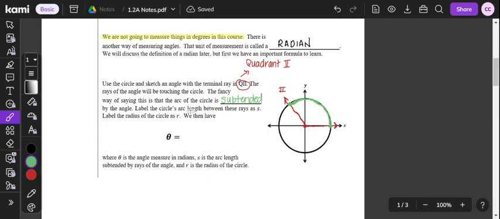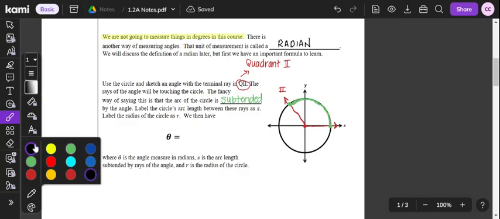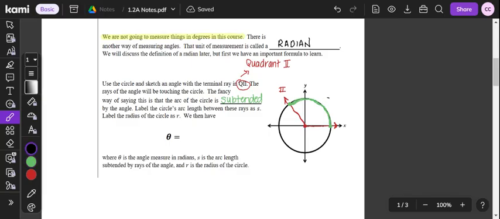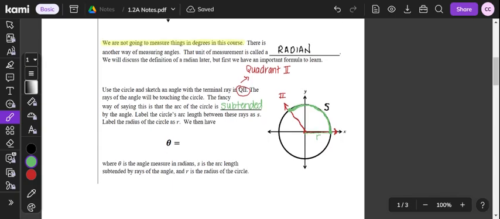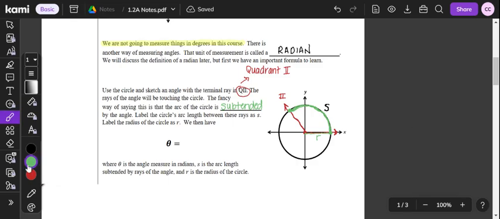It says label the circle's arc length between these rays as S. I have no idea why we use S for arc length, but that is the variable we use. And then it says label the radius of the circle as R. So here I have one radius right here, and I have another radius right there.